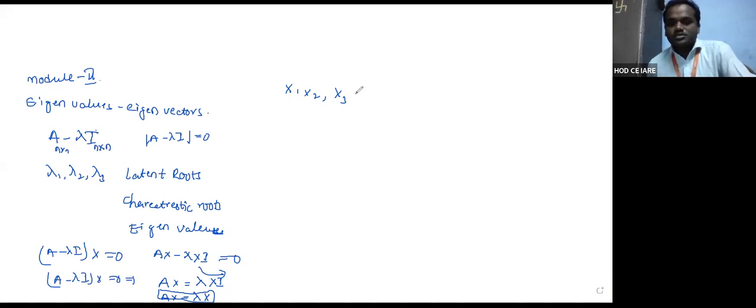Like their solutions, we can also write using the cross multiplication ratio test, the cross multiplication method.